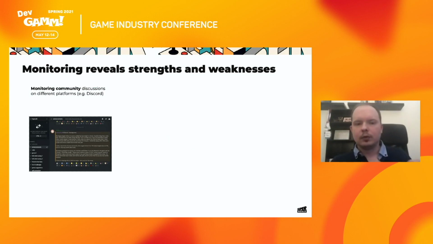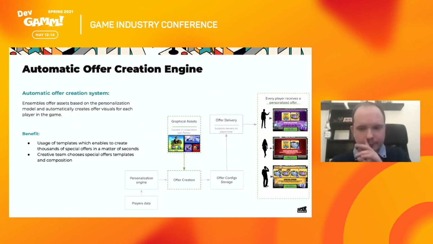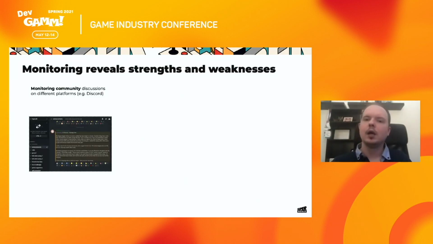In terms of monitoring, after we push the offers to the players, we can gather the data. We need to monitor through 3 things. One is monitoring the community, the feel of the community, how they react and how they work with it.